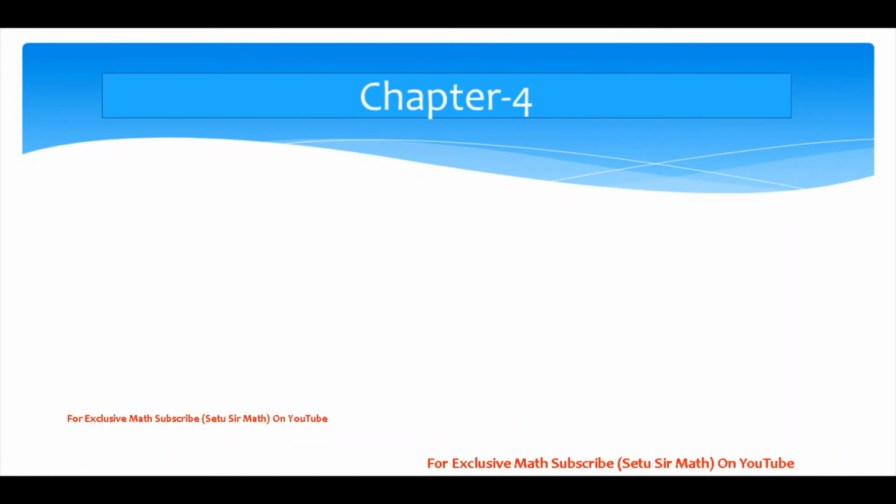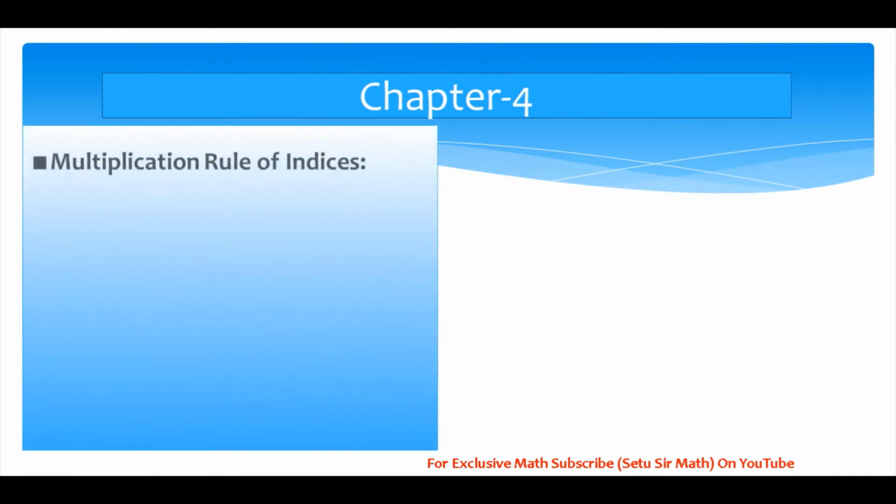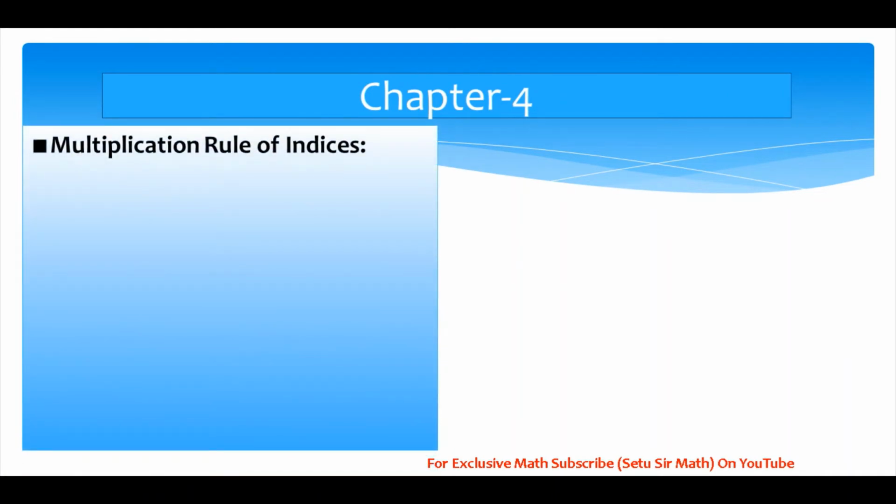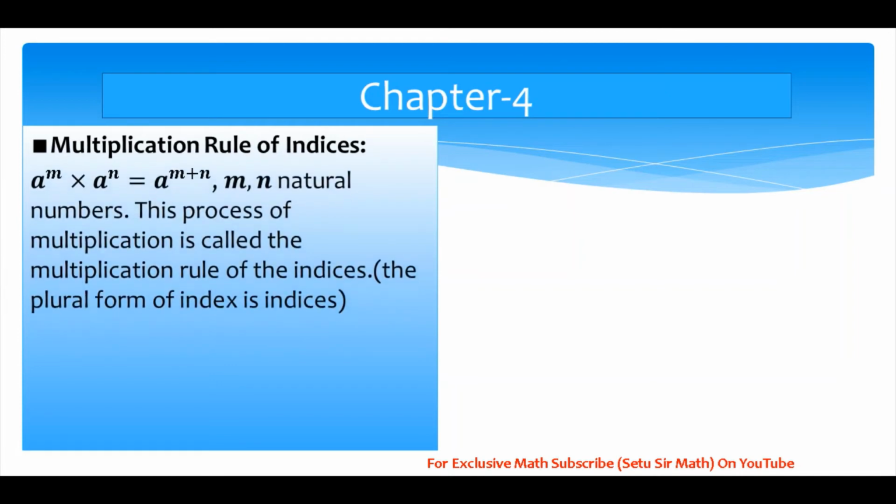Let's see. Multiplication rule of indices. That is the rule, general form: A to the power m multiplied by A to the power n equals A to the power m plus n. That is the thing you just saw in the last slide.